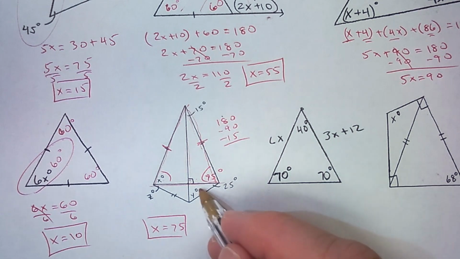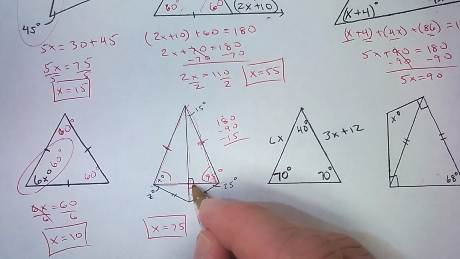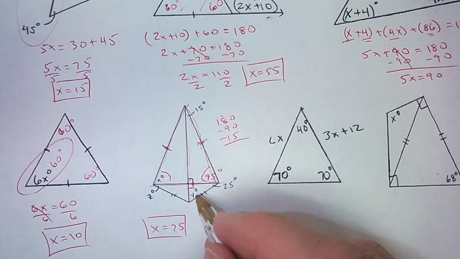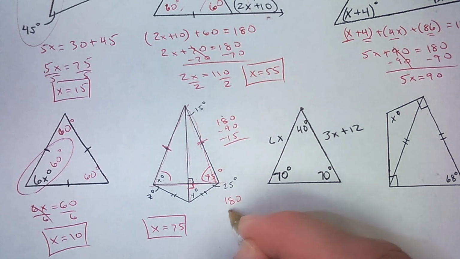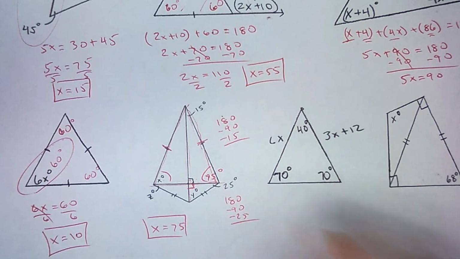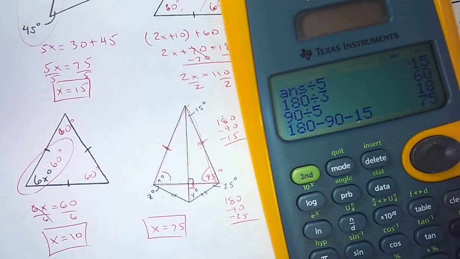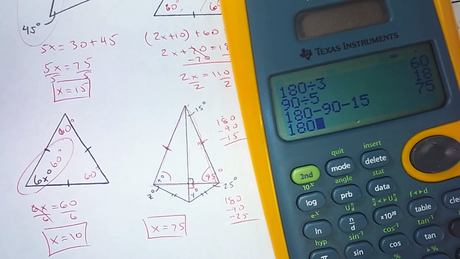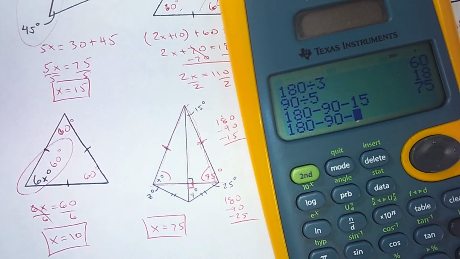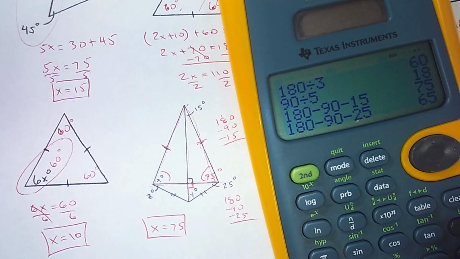Okay, now down here, I've got another little right triangle. There's a right angle right here. And I can take away the 90 and the 25 from 180. 180 minus 90 minus 25. And that is 65.